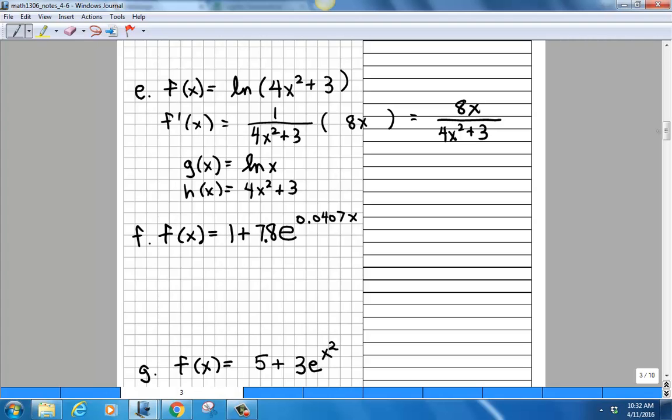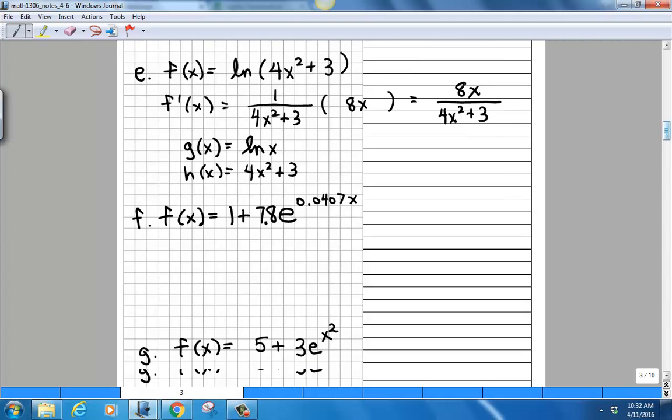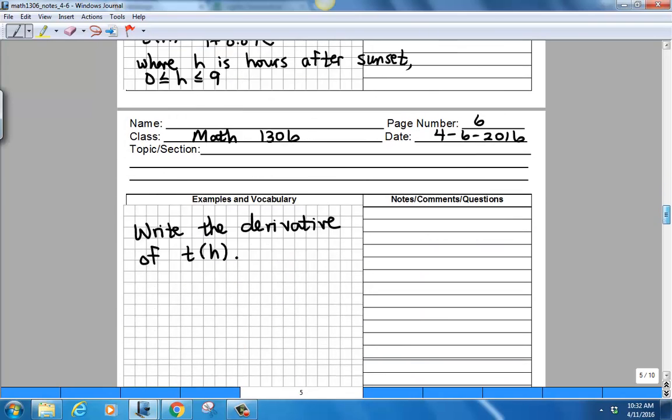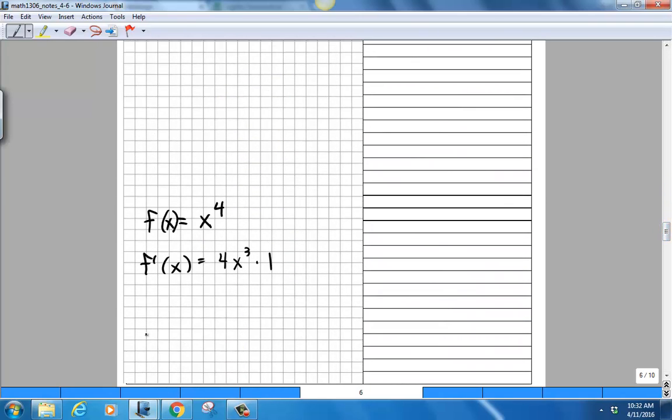See, if I asked you just what's the rate of change of e to the x, that's so simple, you know what it is. That's as easy as it can be.